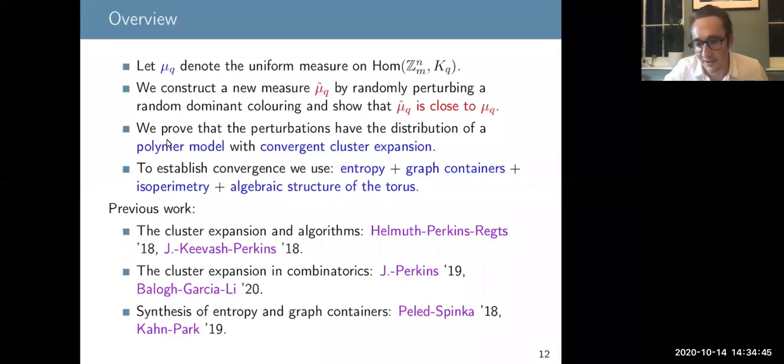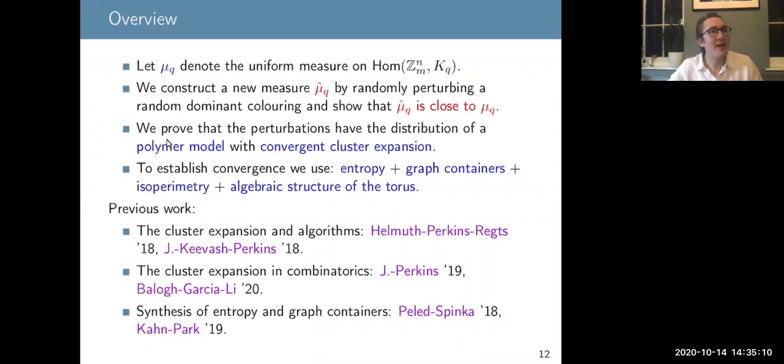So after you do the basic part, is the additional 2 steps of understanding mu hat and the relationship between mu hat and mu, is that more like the general framework of a convergent cluster expansion for polymer models, or is that model specific? Let me think. So how do you mean?